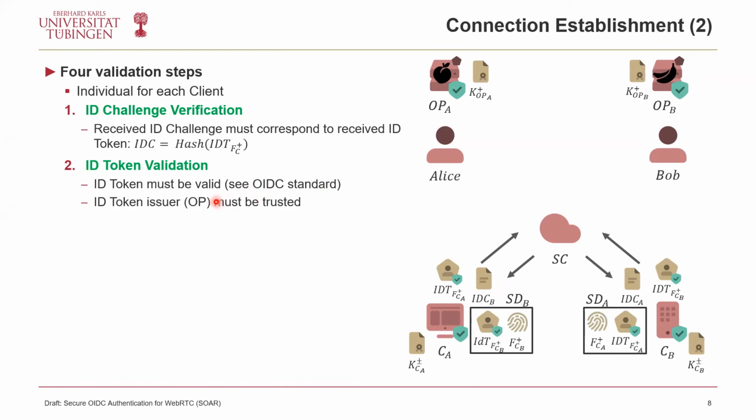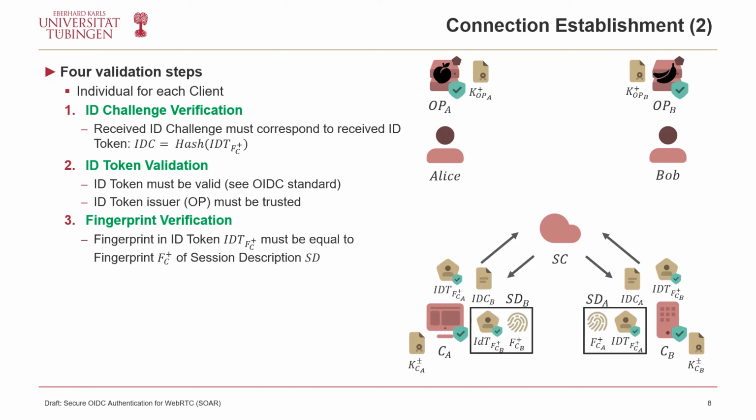And in addition, if client B does not know whether or not he can trust this OpenID provider of Alice, he needs to look at some predefined policies, or if none of these policies apply, he should either reject the ID token or he should ask Bob whether Bob will trust this OpenID provider.